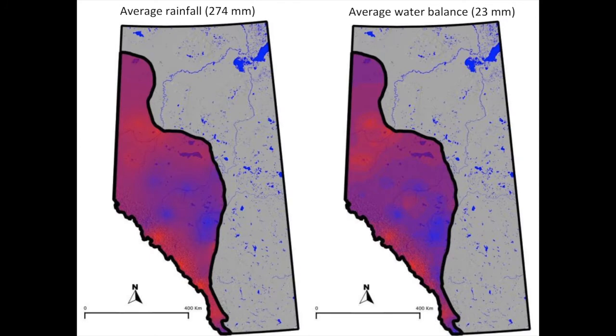Now, what I'm going to show you is just to explore this relationship spatially with the average long-term rainfall, which is 274 millimeters, and the deep blue areas show a range of about 300 millimeters, and dry zone areas showing about 100 to 200 millimeters of rain. So our average water balance was 23 millimeters, which means that these sites are fairly dry overall through the province.